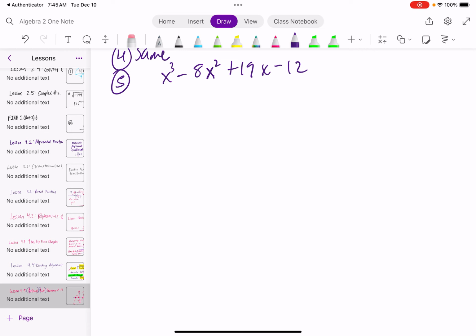Here's the degree of 3, 2, 1, none. So there's nothing really tricky about this one. We just write down the coefficients: 1, -8, 19, and -12.